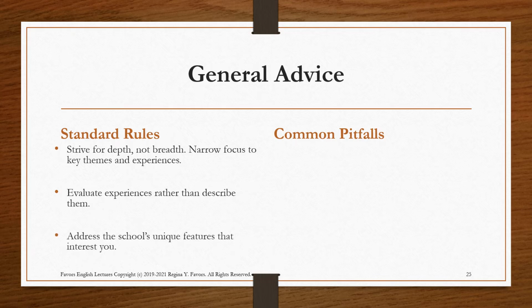And then address the school's unique features that interest you. So, this kind of goes back to that statement about, I would make an excellent doctor or lawyer, but you don't really know that because you are not an excellent doctor or lawyer yet. But you don't say, I think the school will be the best school for me, without really giving an example of that. So that means for your field, what is needed?